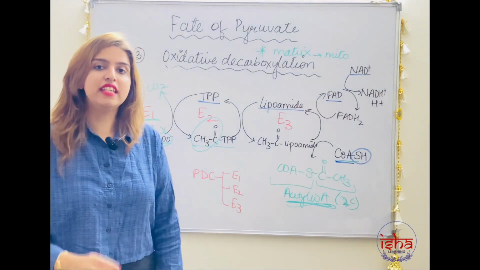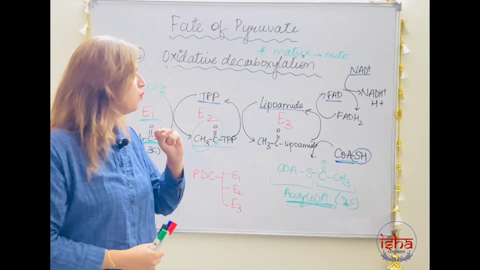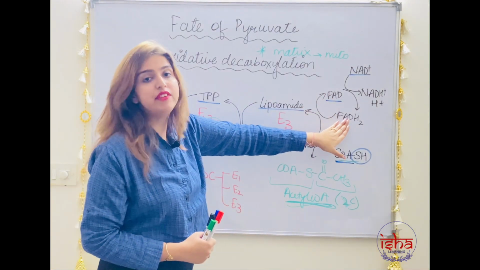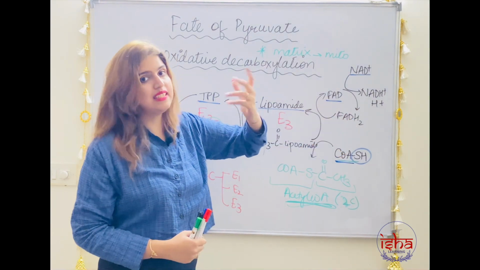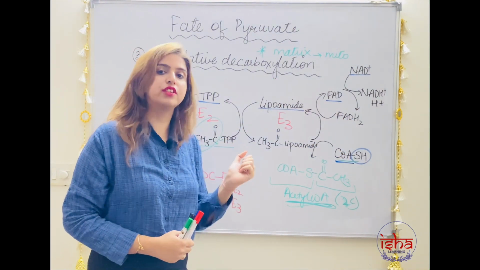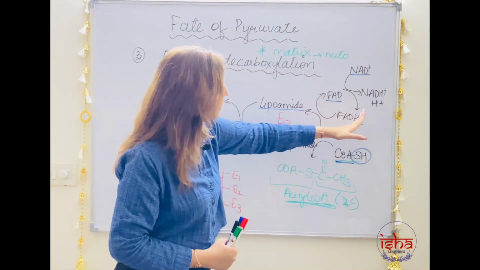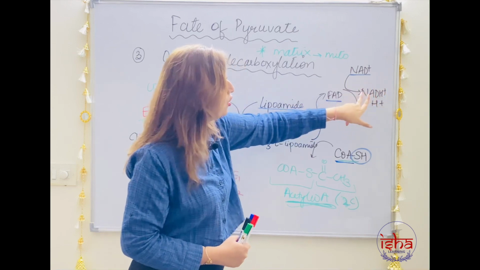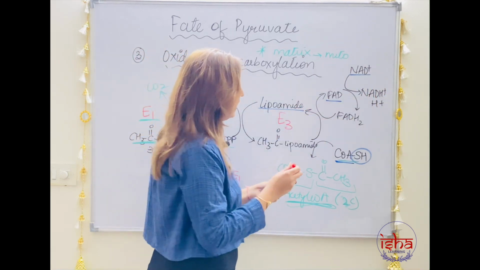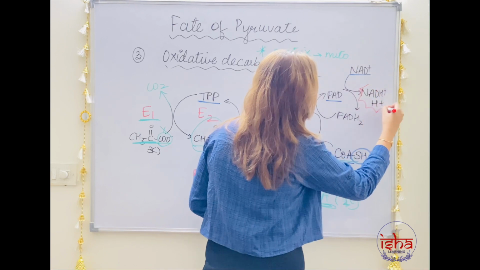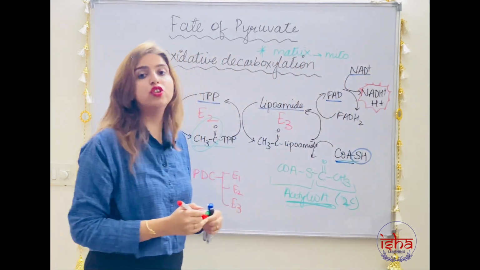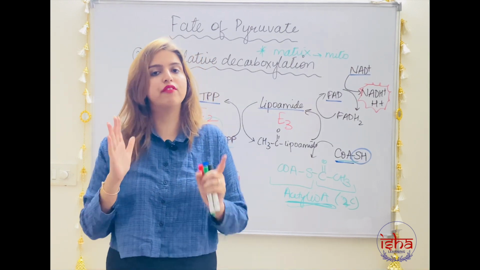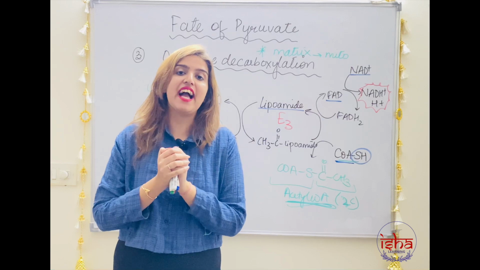In this reaction, please also note what is happening here. FAD plus is getting reduced to FADH2. Now, if there is a reduction, we know there's going to be an oxidation as well. So now this is again going to get oxidized and NAD plus is going to get reduced to form NADH plus H plus. Now this molecule is our energy currency. It is pretty much like a check that is not going to be availed right now but encashed later.